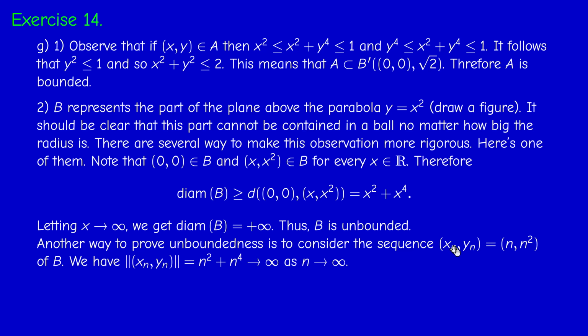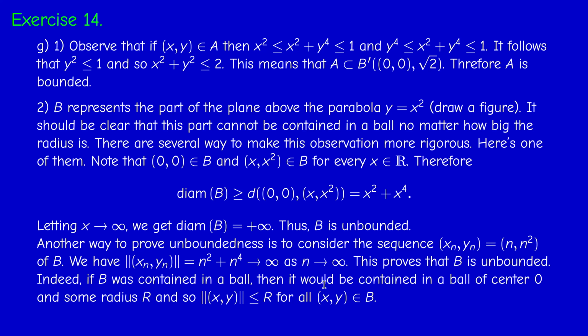If you consider the sequence (x_n, y_n) given by x_n equal n, y_n equal n squared, this is a sequence on the parabola. The norm of every element of the sequence is the square root of n squared plus n to the 4, and this tends to infinity. And therefore, this is another way to prove that B is unbounded. Just find a sequence whose norm tends to infinity.